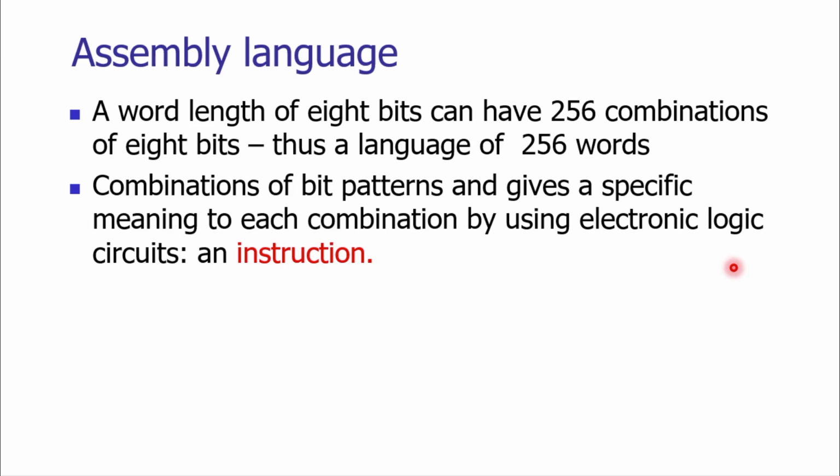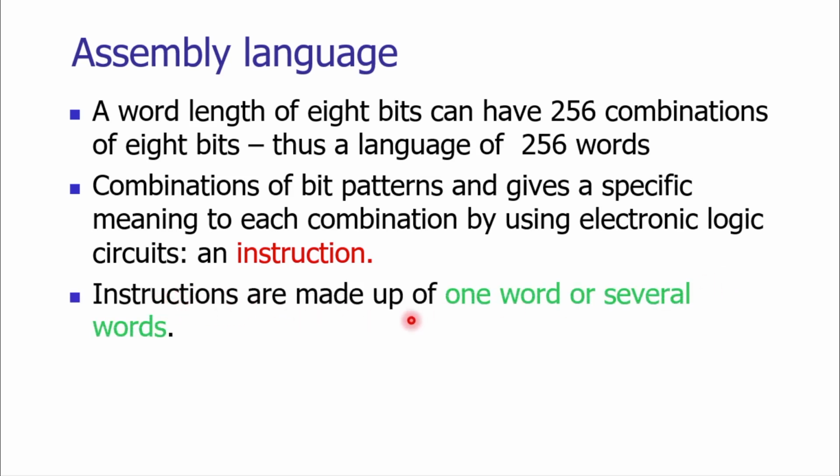We can attach a specific meaning to each of these bit patterns, and by using electronic logic circuits, we can carry out a variety of operations on them. So a typical instruction will have a combination of various bit patterns.